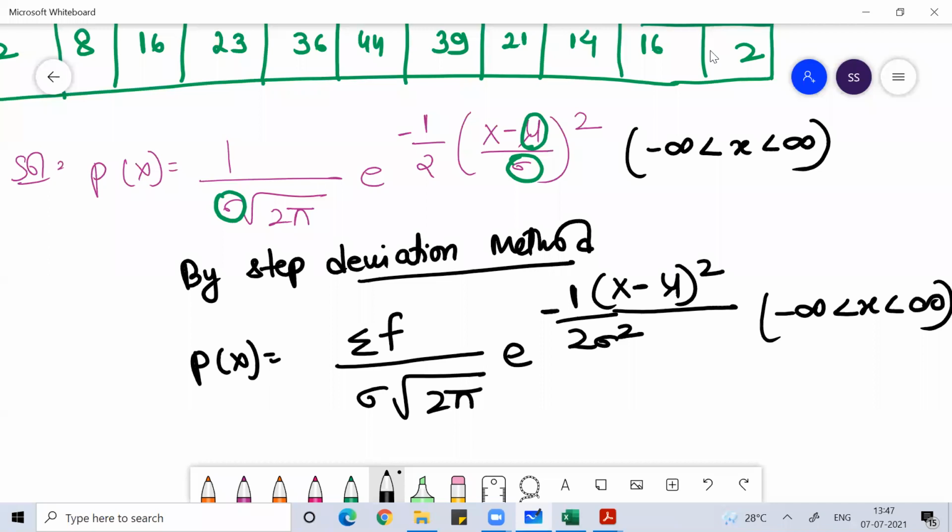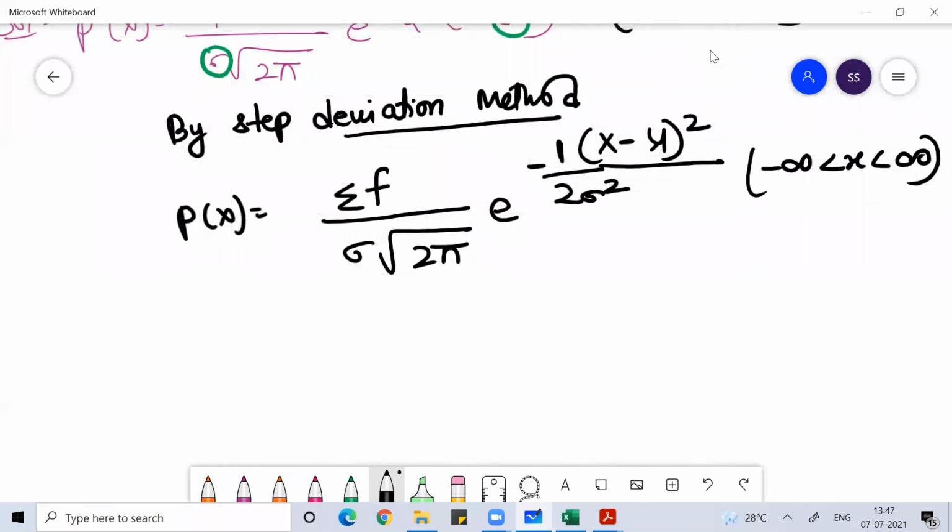Clear, everyone? Okay, so under the step deviation method, what is the formula of mean?